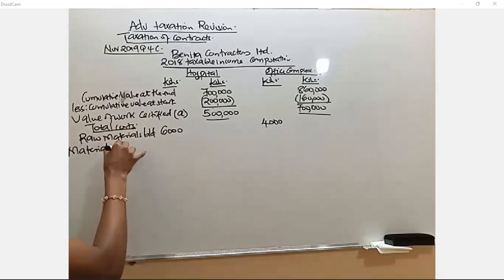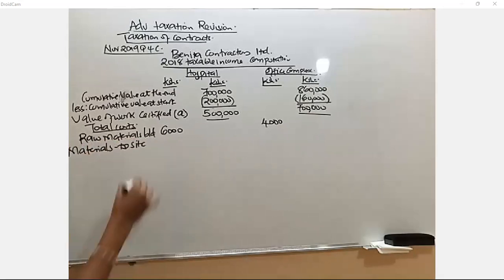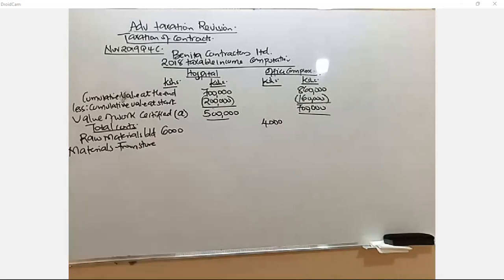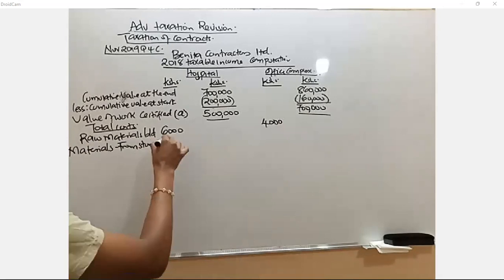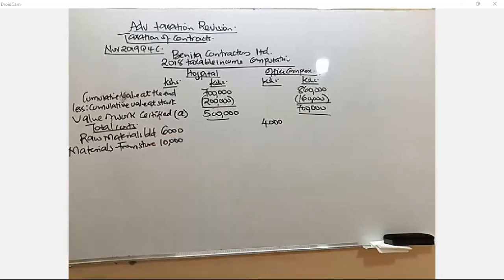We are being told the material delivered to sites from store, we are being given 10,000 for the hospital. It means we have additional materials there. Then we have here 14,000.